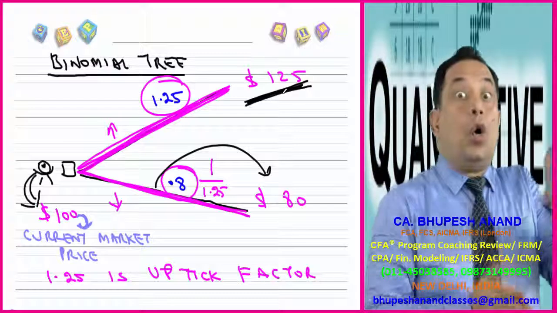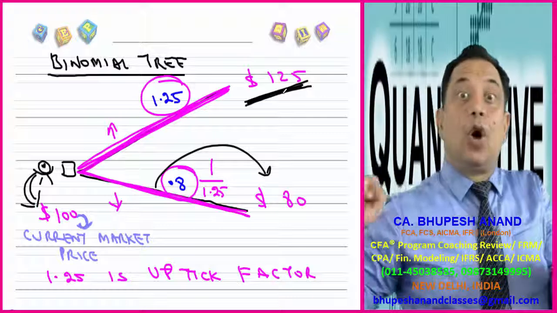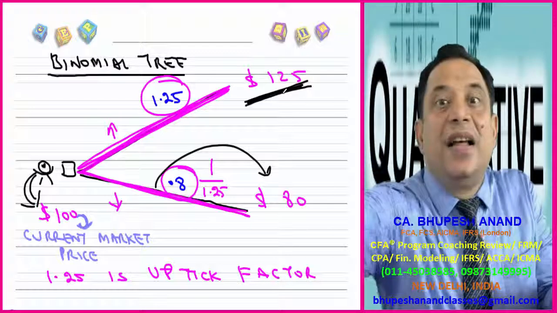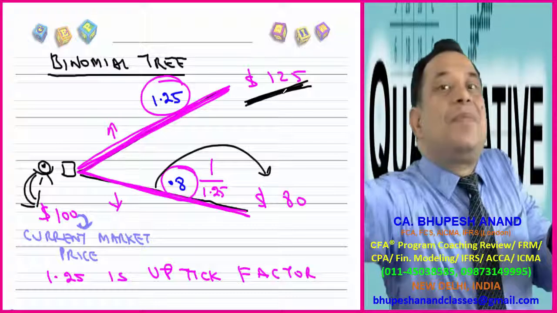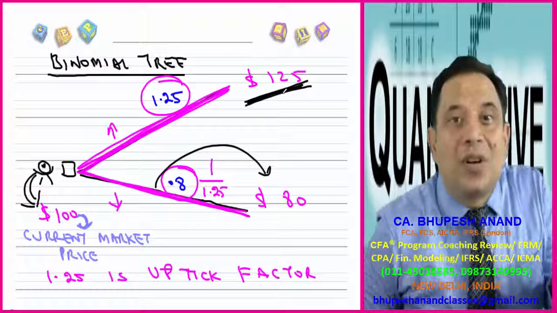Then whether the call holder will exercise the option or let it lapse, if he exercises it how much is the profit, and what is the probability of getting that much profit, we will discuss in detail at the time of option valuation models.